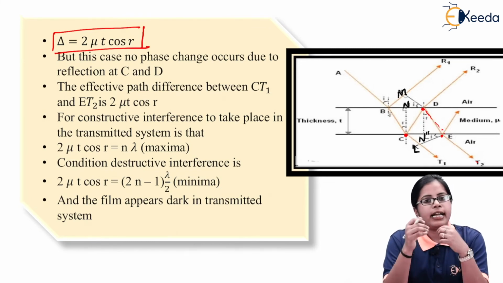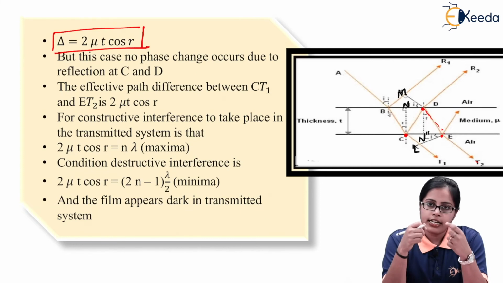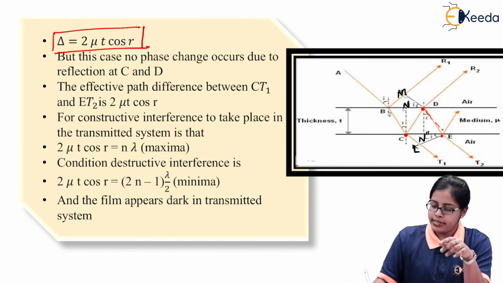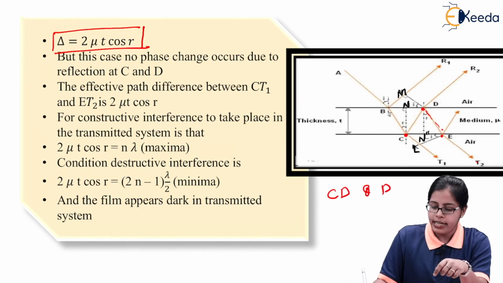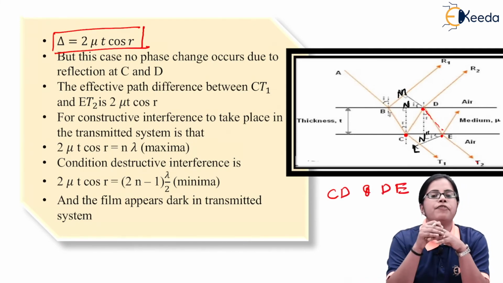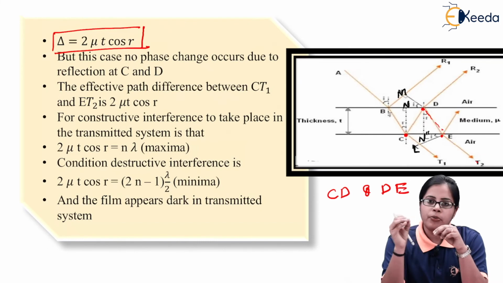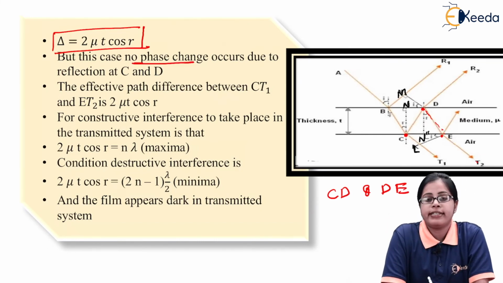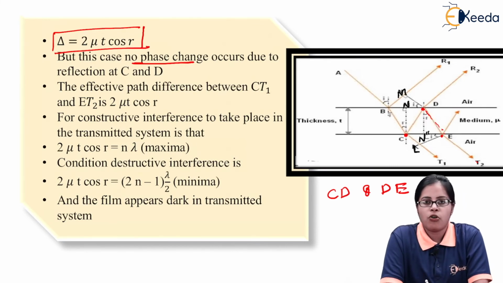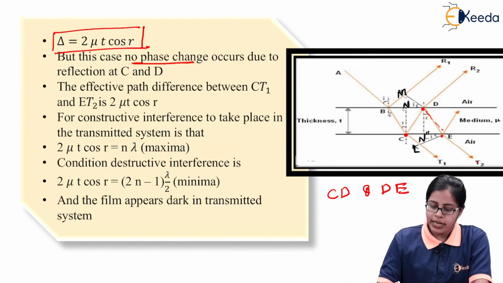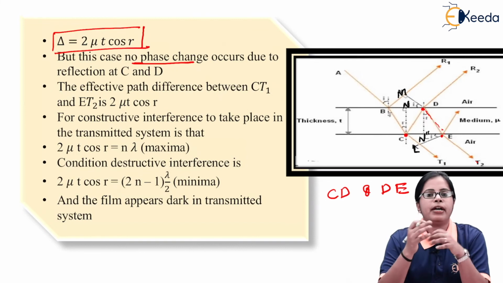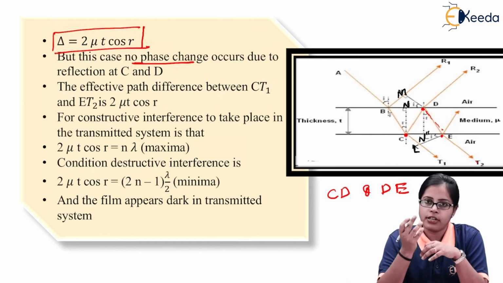So whether I talk about the reflected rays CD or DE, they both are lying inside the thin film. So we agree that at points C and D there is an occurrence of reflection, but both the reflected rays, CD and DE, are lying in the thin film. So at both points C and D there is no phase change, or we can say there is no path difference. So we can just write that according to points C and D, the path difference and the phase change are 0.